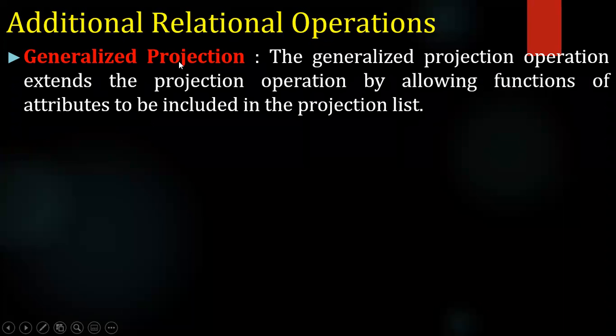So now we know with the help of projection we can retrieve specific columns, specific attributes from the relation. But now if I don't want to select the exact columns which are available in the relation, but I want to modify those tuples, I want to apply some mathematical expressions on those tuples.